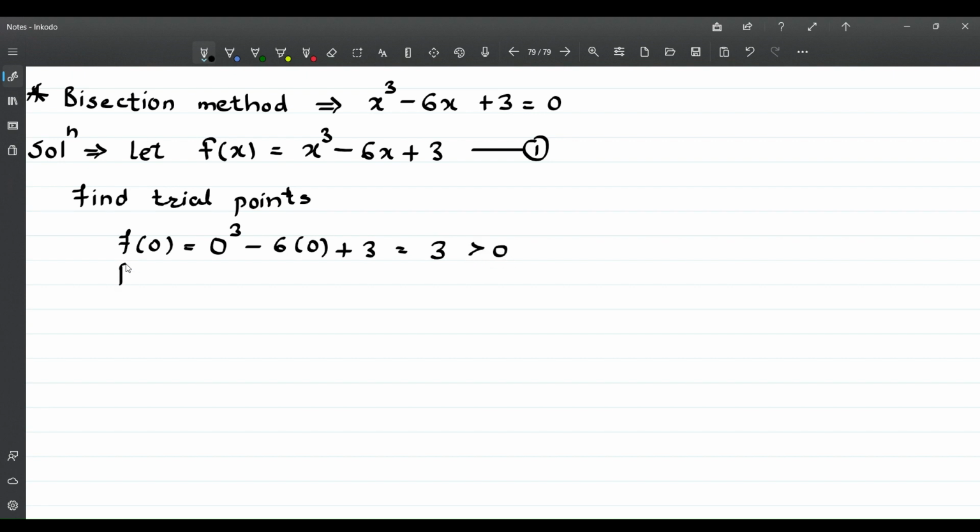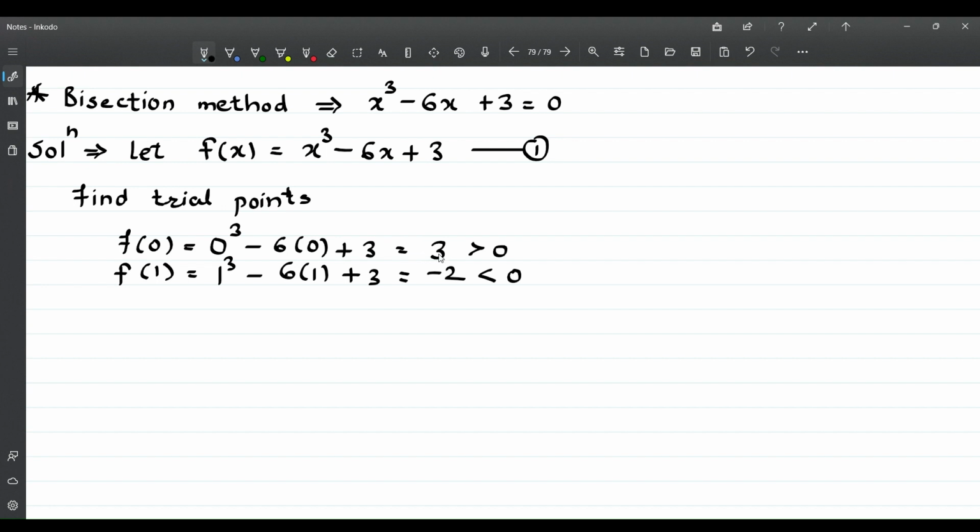Next, f of 1, that is 1 cube minus 6 into 1 plus 3. You can see 1 minus 6 is minus 5, plus 3 is minus 2, which is less than 0.